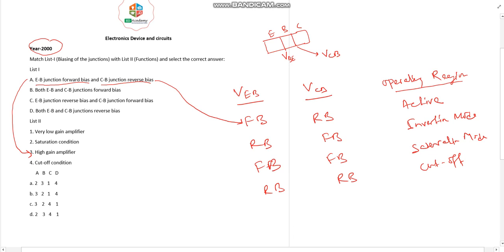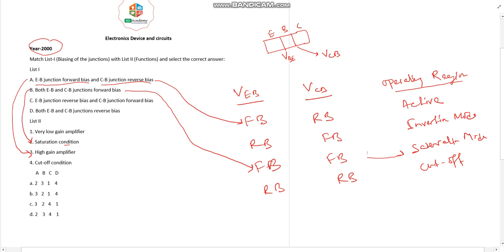And B is given: emitter-base and collector-base both forward biased. The emitter-base junction is forward biased and the collector-base junction is also forward biased, so the transistor acts in saturation mode, and saturation is directly given as 2. So option B will be 2.